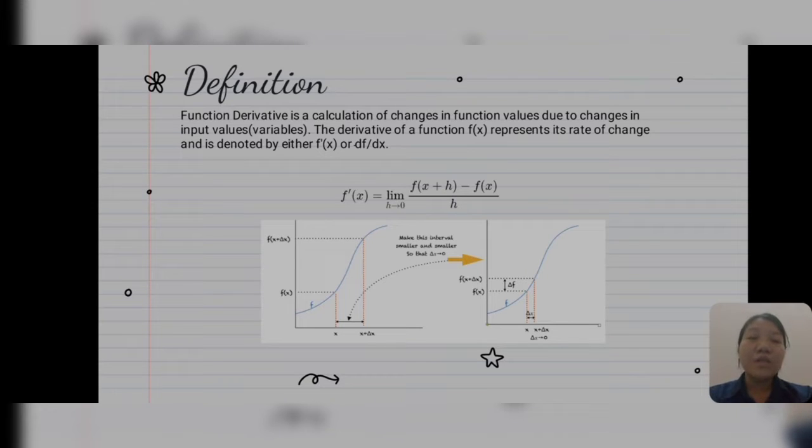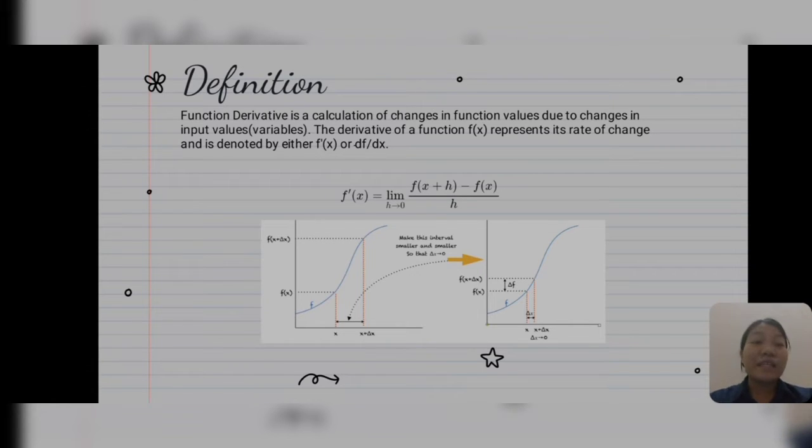The function derivative is written as f'(x) equal to the limit as h approaches 0 of f(x + h) minus f(x), over h.